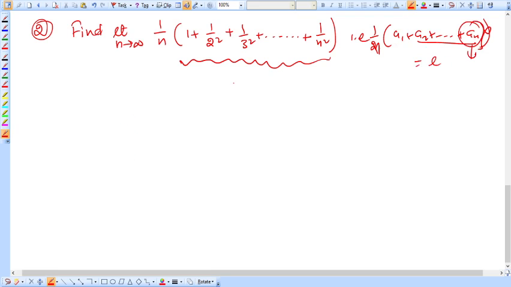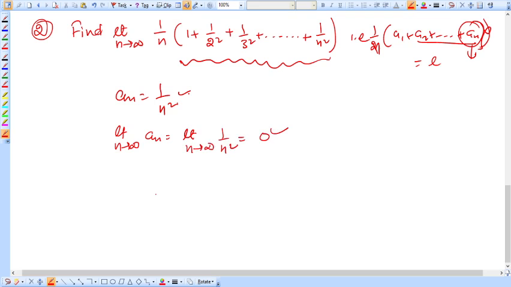Here an is 1 by n square, and we know the limit of this function. The limit of this function is equal to 0, since limit of n tending to infinity an is equal to limit n tending to infinity 1 by n square, which is 0.